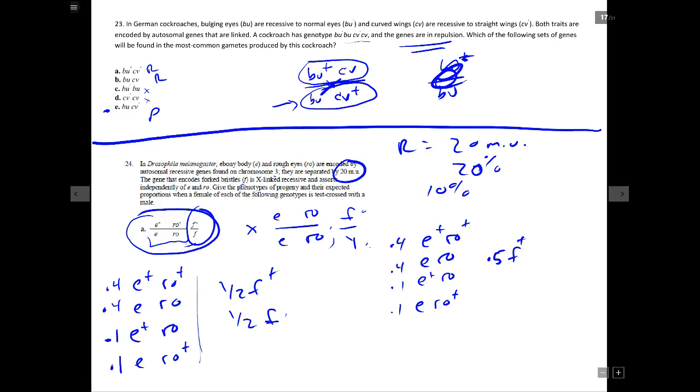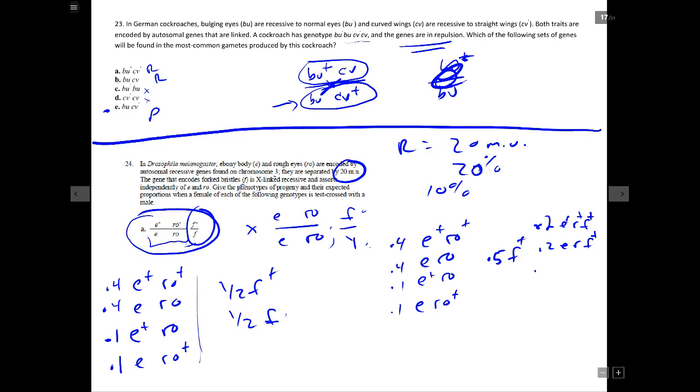So how many of these are going to be all 3 of these things? Well, 0.4 times 0.5 is that 0.02 or 0.2? 0.2. So 0.2 will be E plus R plus F plus. 0.2 will be E R F plus.